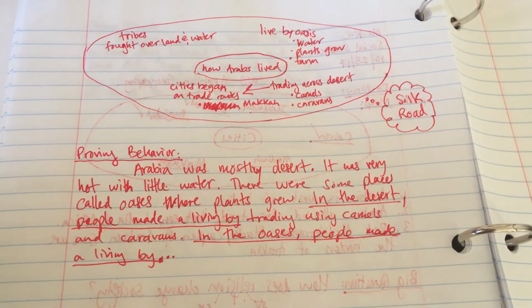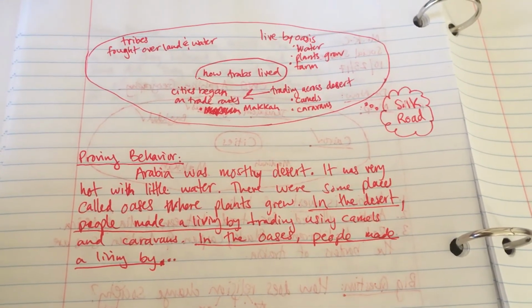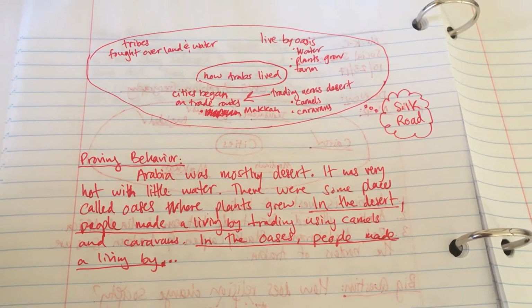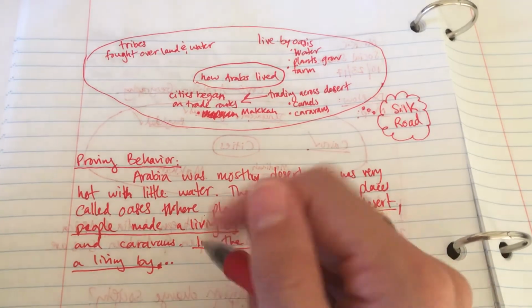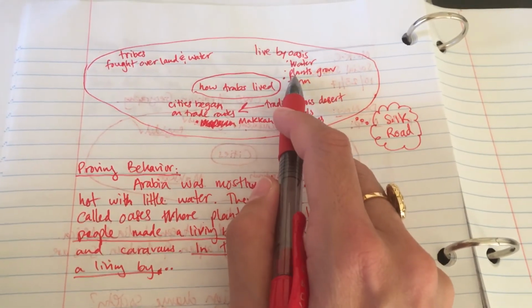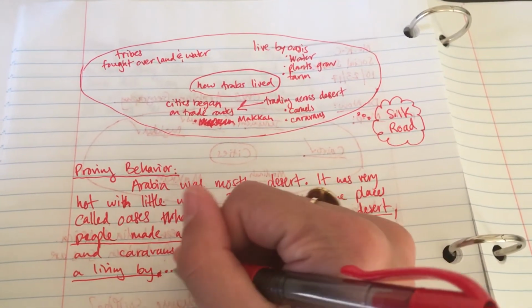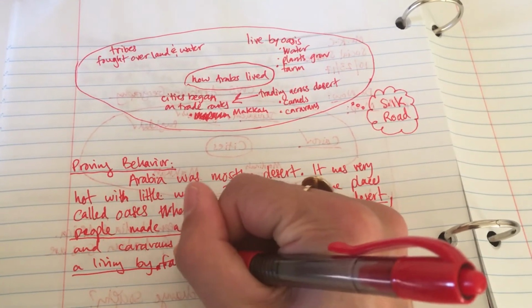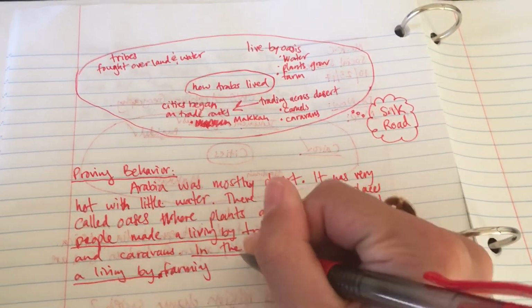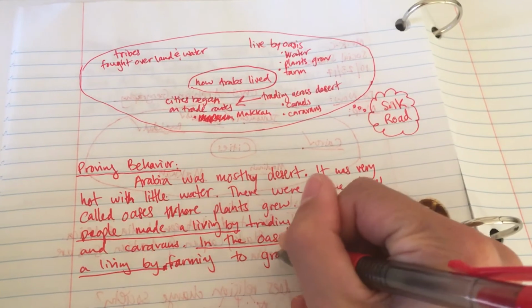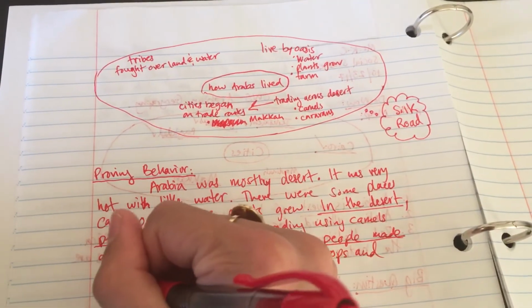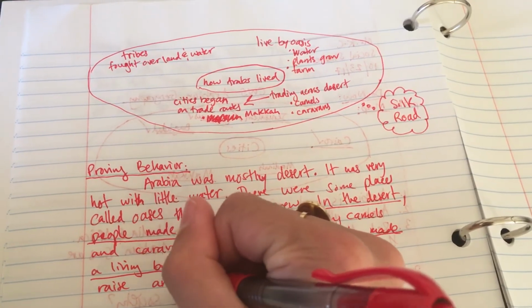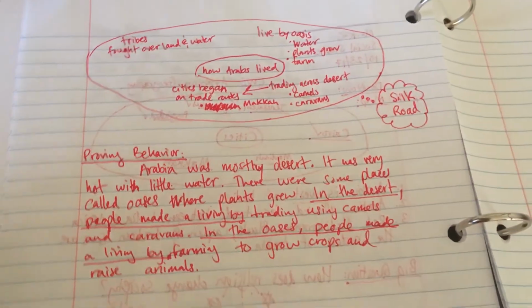Okay, by now you should have written your own sentence in your own words, and you compare it to mine to see if you think it's similar or if you need to add other things to make it your own style. So they had water, plants grew, they made a living by farming to grow crops and raise animals.